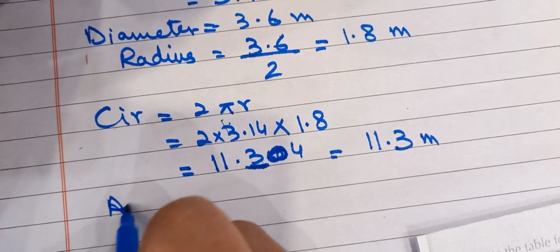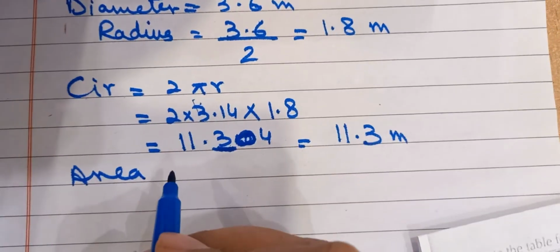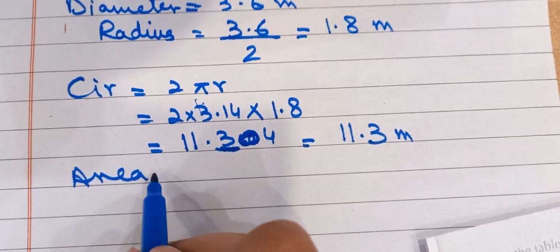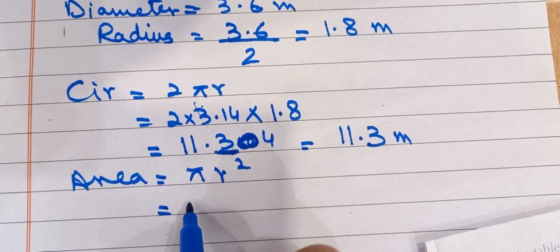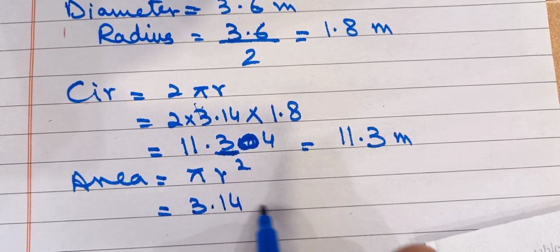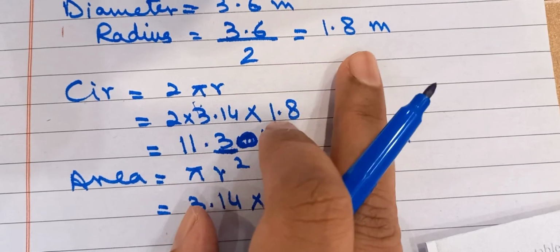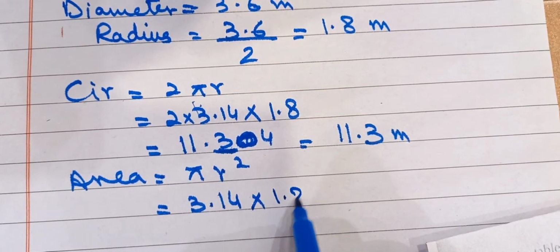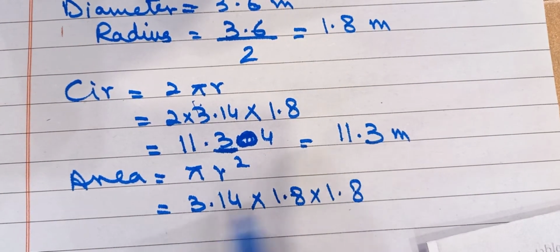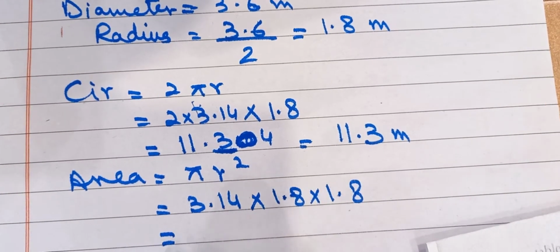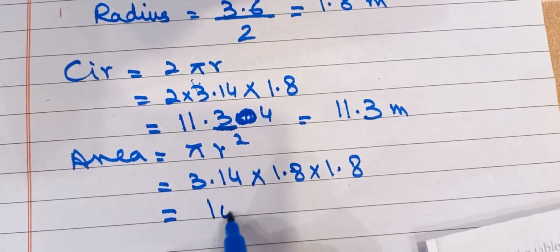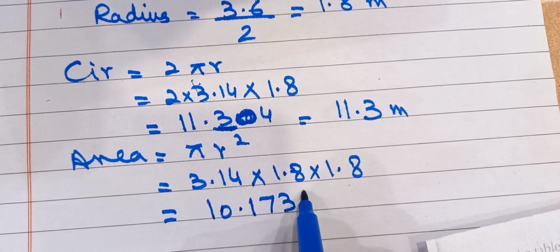Now for area, we write down the formula for area of a circle, which is pi r square. Pi is 3.14. R we have already found, 1.8 into 1.8. When we solve it, we get the required answer, which is 10.1736.